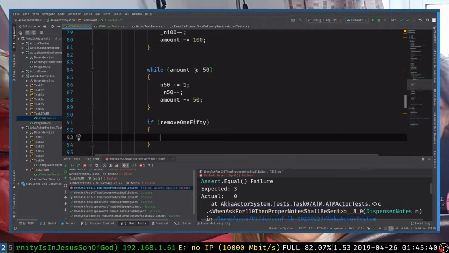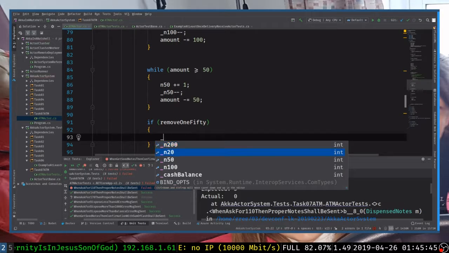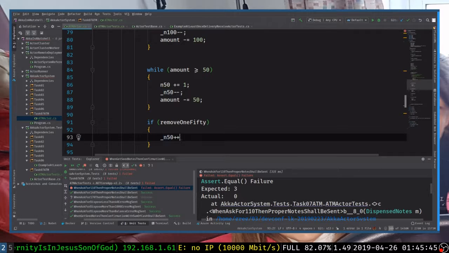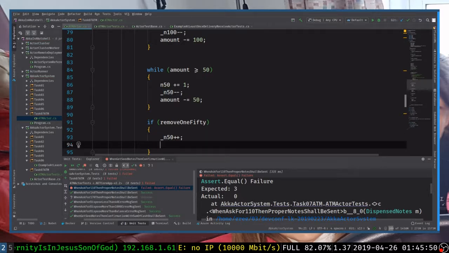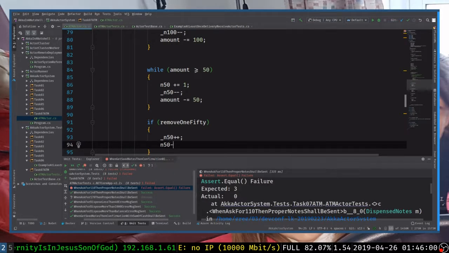Then we need to say okie dokie. And we need to say L50 minus minus. Okay, so we just do this opposite here.